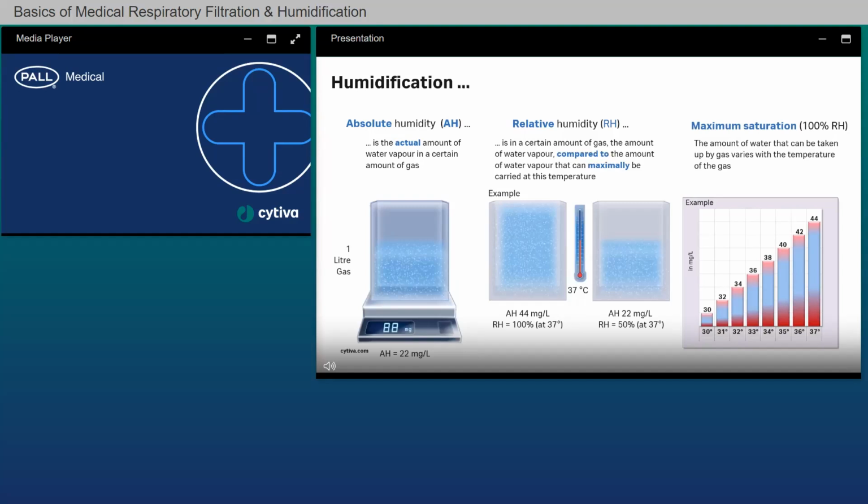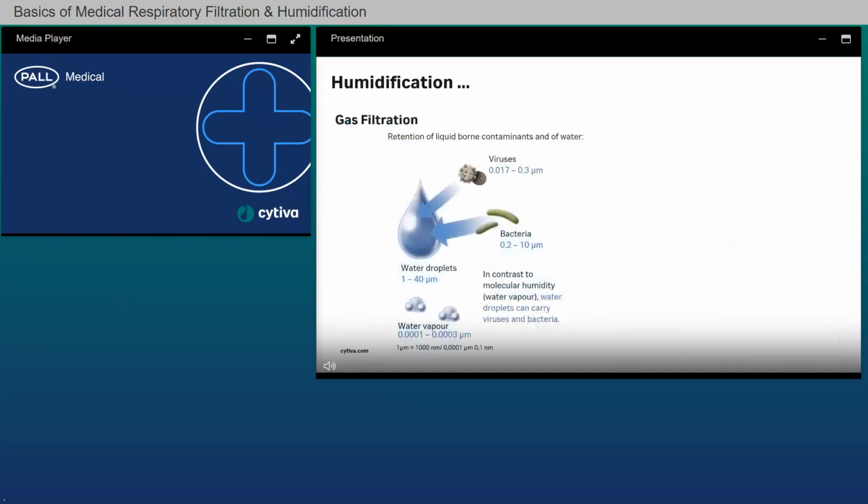And you can see in the graph on the right a list of how much water vapor can usually be held in the air at what temperature. Some more facts around water and filtration. Water droplets are between 1 and 40 micron in size, and we just saw the size of bacteria and viruses. Water droplets are a perfect medium of transportation for those nasty little things.